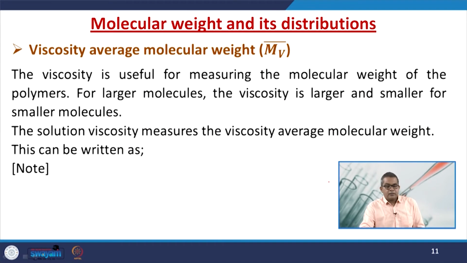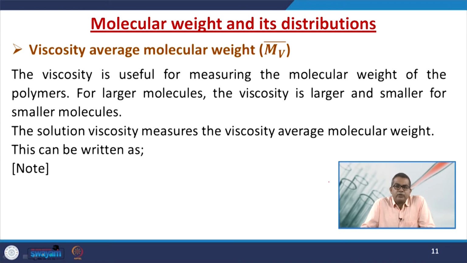Another, the third approach, is referred to as the viscosity average molecular weight. As we discussed in the previous slide, viscosity plays a very vital role, and if you carry on the polymerization process, sometimes viscosity may increase to such a level that you can't process that polymer. So, viscosity is very useful for measuring the molecular weight of polymers.